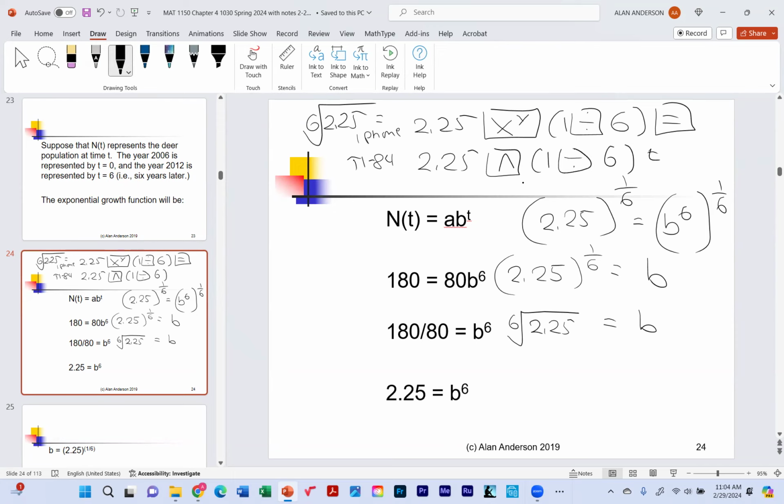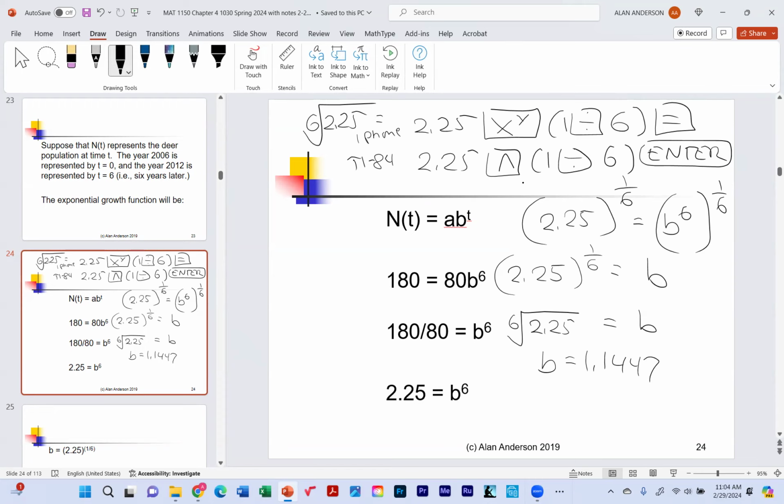And then instead of equals, you would type the enter button. Any way you look at it, though, 2.25 raised to the 1/6 power is approximately 1.1447.